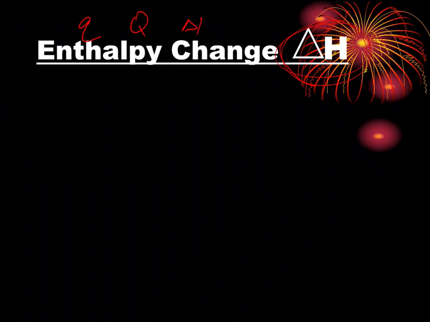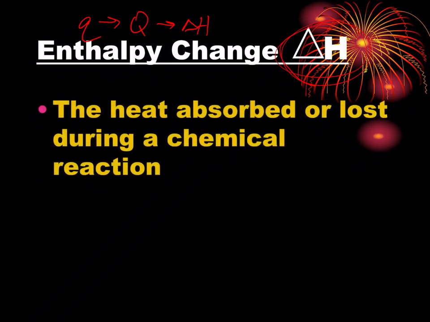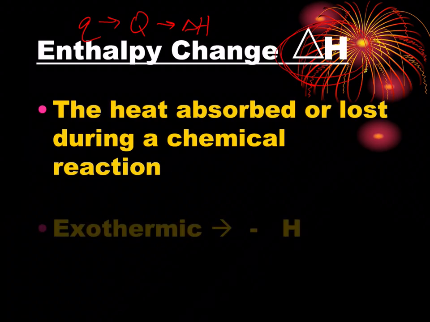Now we have delta H, and really they're just all ways of saying the same thing: how much energy is exchanged during this process? And in this case, we're talking about a chemical reaction, so the heat absorbed or lost during a chemical reaction, right?